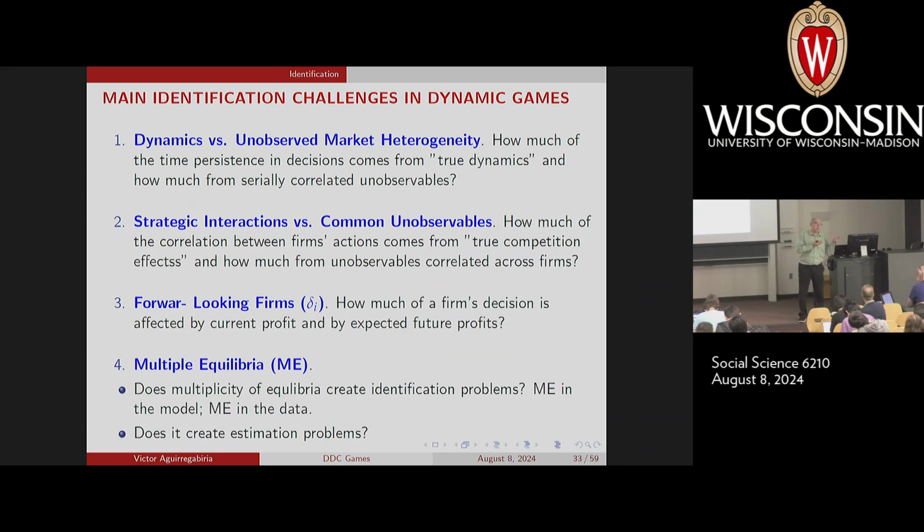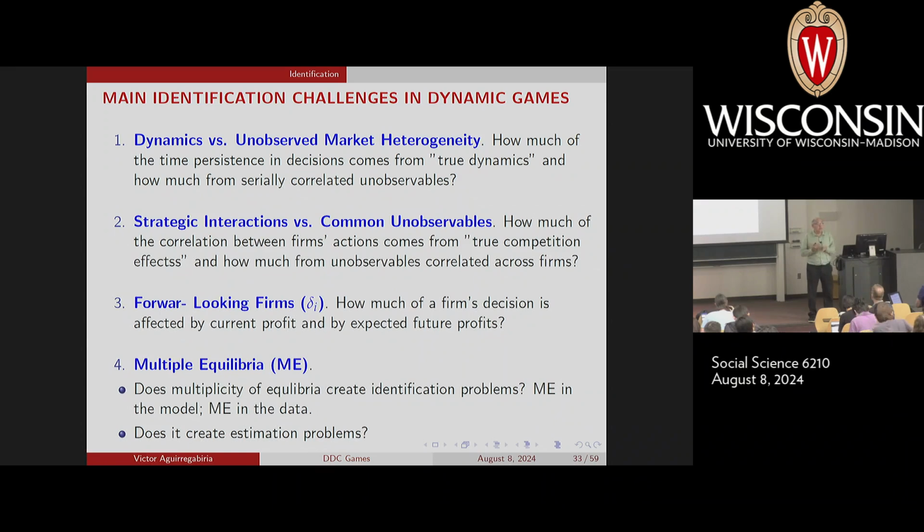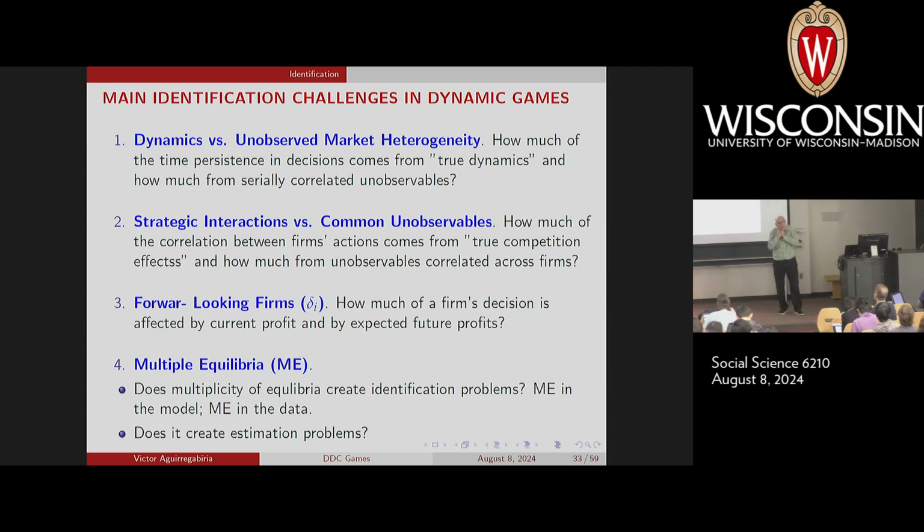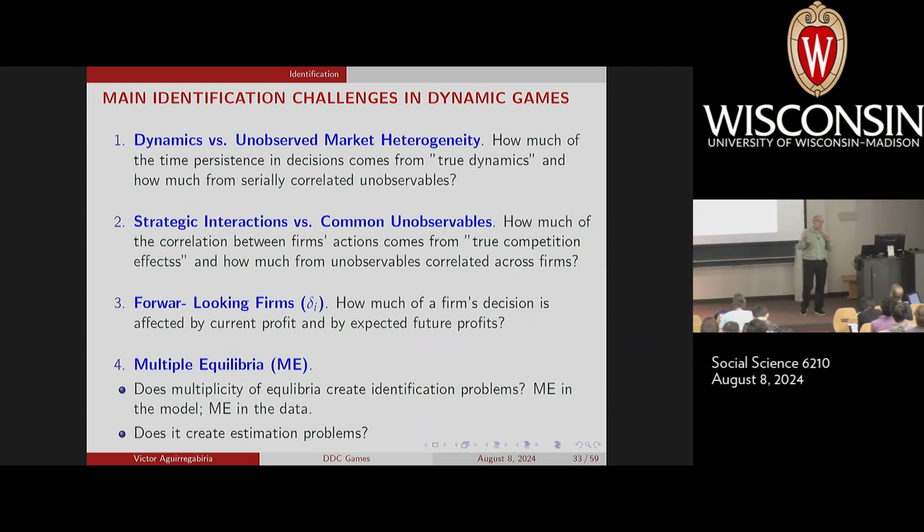If the first story is the one that is true, once you have removed this temporary subsidy to invest in research and development, it's going to have long-lasting effects. If all the persistence is because of unobserved heterogeneity, once you remove the subsidy, everybody will come back to the initial investments in research and development, and this policy does not have any long-lasting effect. And distinguishing between the two stories has a lot of economic and policy implications.